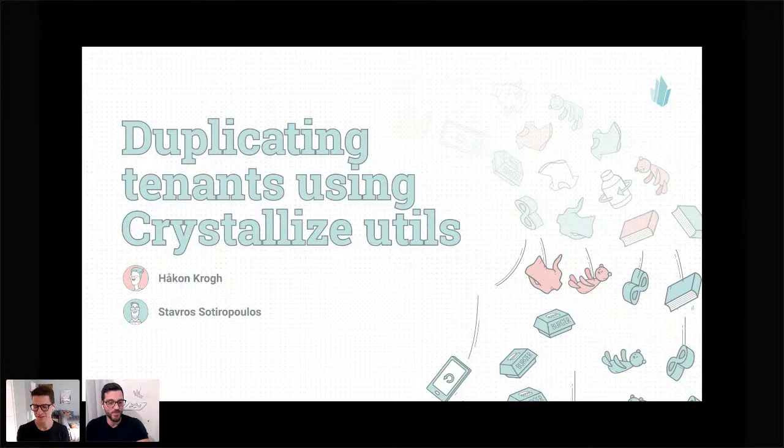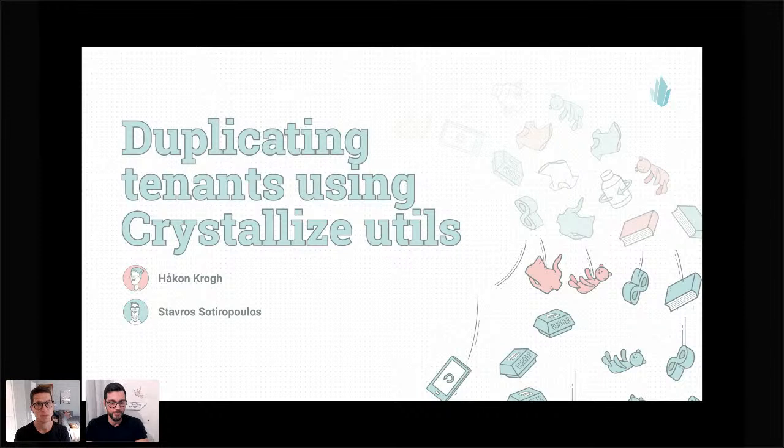Sure. I guess the problem that many people face is that when you've constructed a tenant, populated with tons of shapes and content, and you're happy with how it looks, you might want to either do a backup of the tenant or introduce a dev environment, something like that.